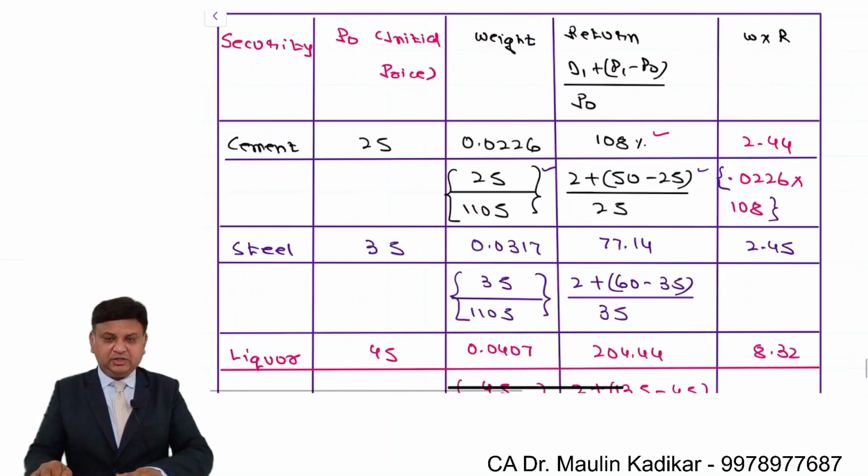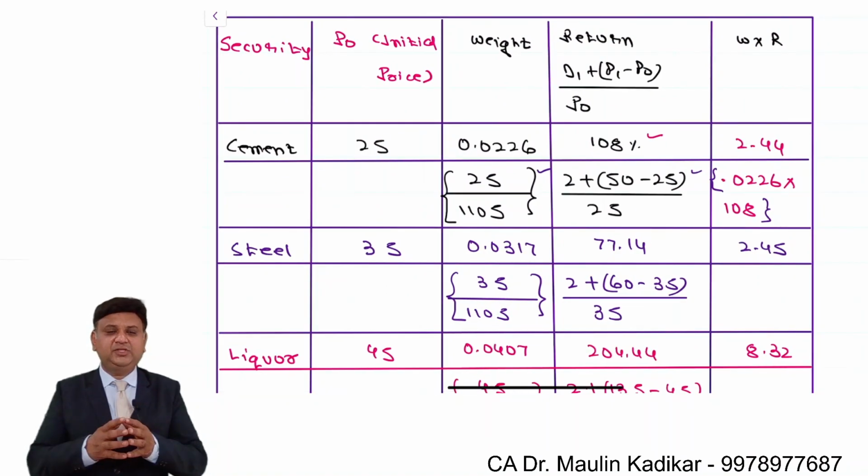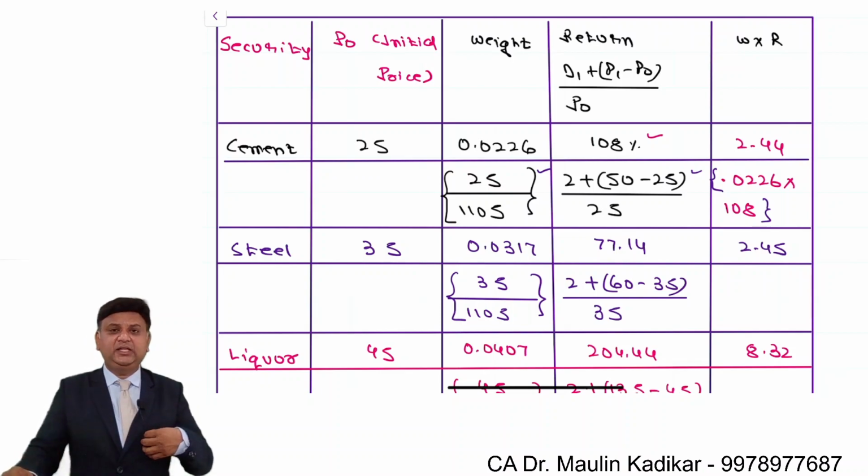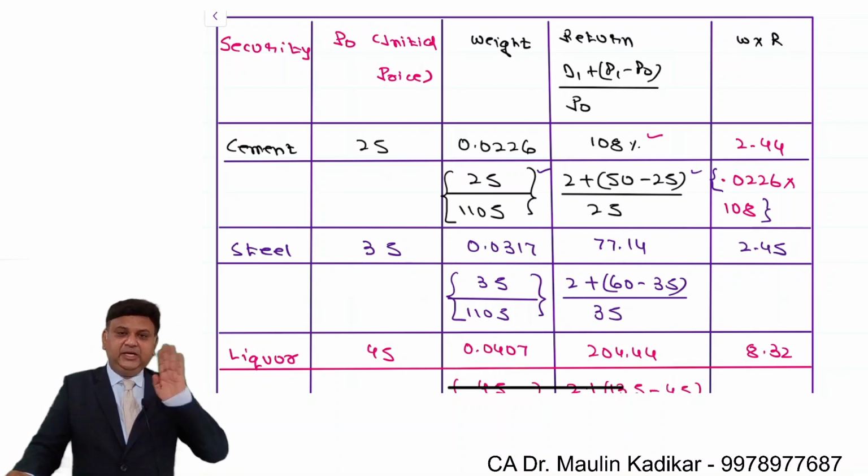So the return on the market portfolio is found by making the computation of the weighted average. The proportion in which the individual security is there, that is the weight of the individual security, is multiplied with the respective return. Return is calculated taking into account the price change and taking into account the dividend. The weight will be taken in the proportion of the value of the security at the beginning of the period.